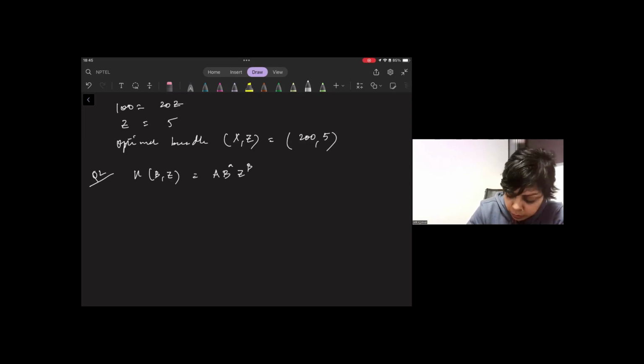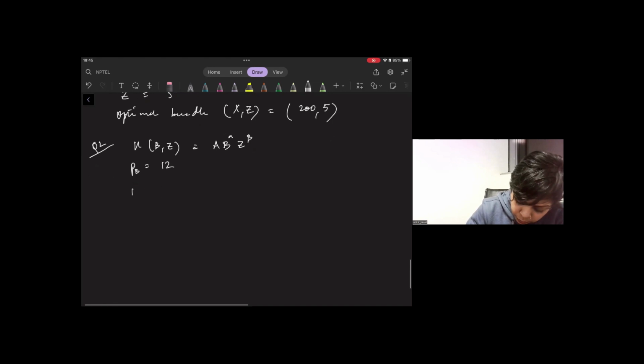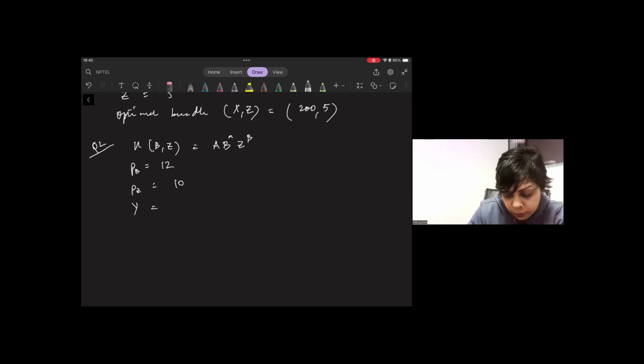You can, of course, write all the other parameters that you're given. PB is given as 12, PZ is given as 10, and income Y is given as 600.